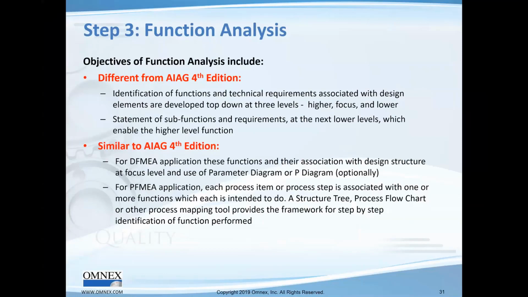Next, in step 3, what's different in step 3? Well, in the AIAG 4th edition, we only looked at the focus level, and you came up with the functions and requirements of the focus level. What's different is there are 3 levels in the AIAG VDA, a higher level and a lower level, and for the lower level you will be coming up with the sub-functions and sub-requirements that meet the overall top-level requirement.